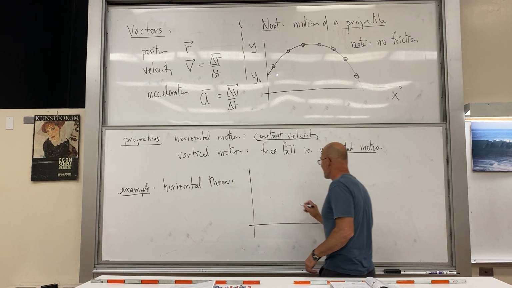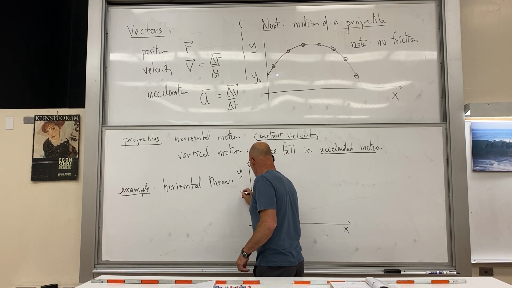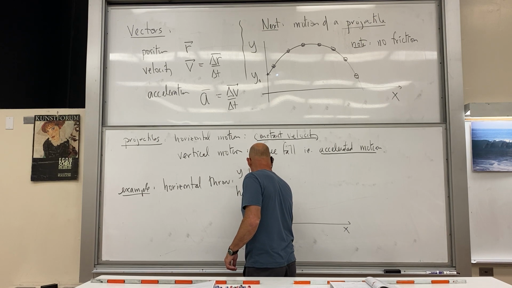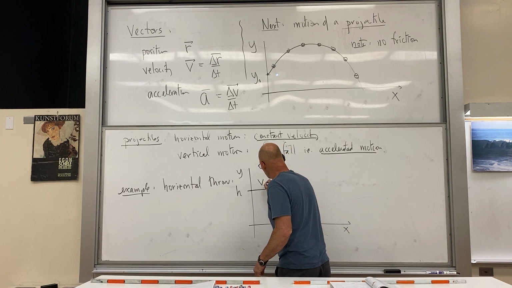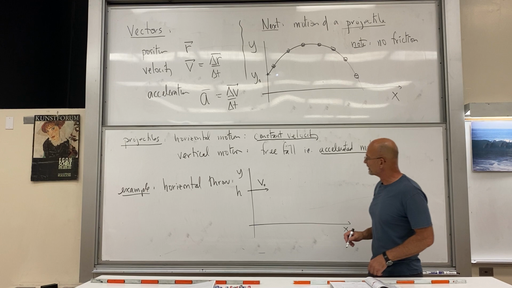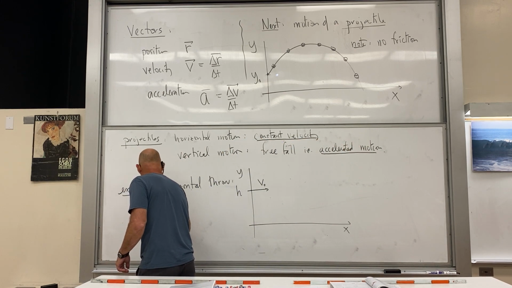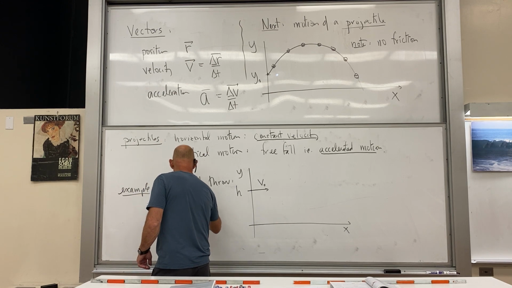This is the x-axis. This is the y-axis. We're going to start from height h on the y-axis and launch horizontally with v sub 0. Okay, so initial height is h.